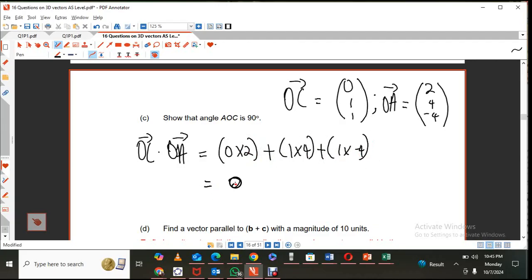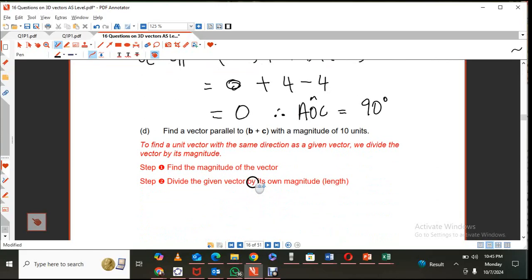Surely this gives you 0 plus 4 minus 4, and then you get equal to 0. So therefore, angle AOC is equal to 90 degrees. Okay, that's all that you had to do.